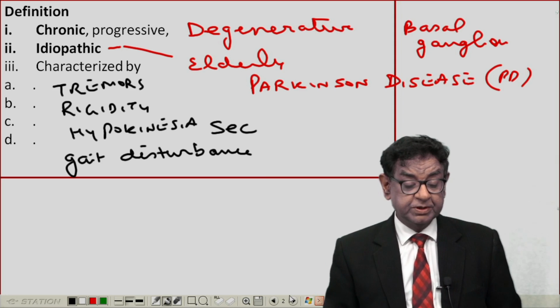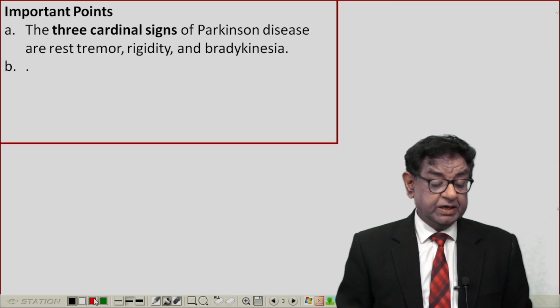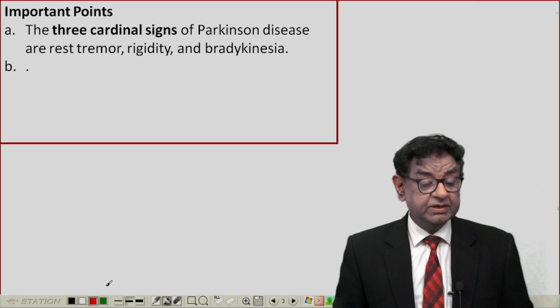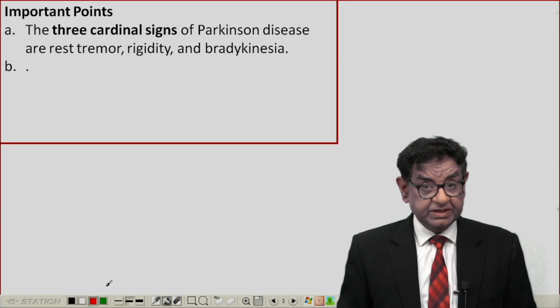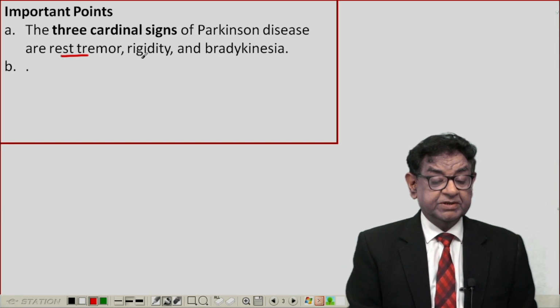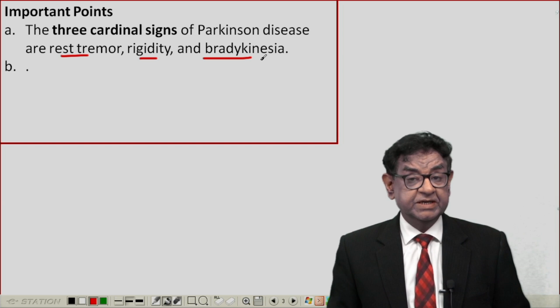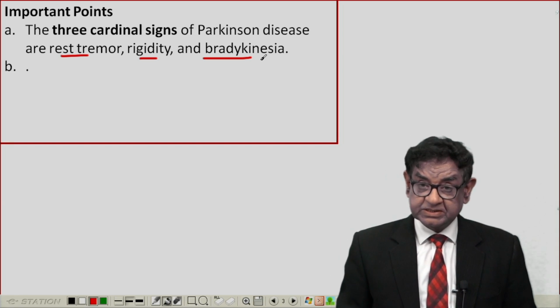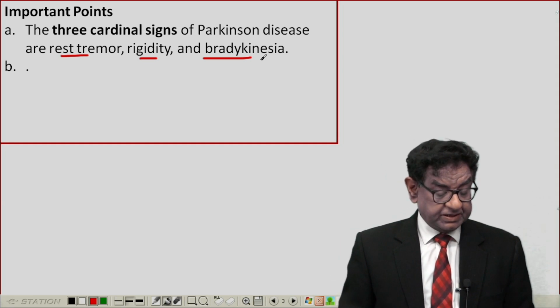Out of these, the first three, that is resting tremor, rigidity, and bradykinesia, are the three cardinal signs of Parkinson.